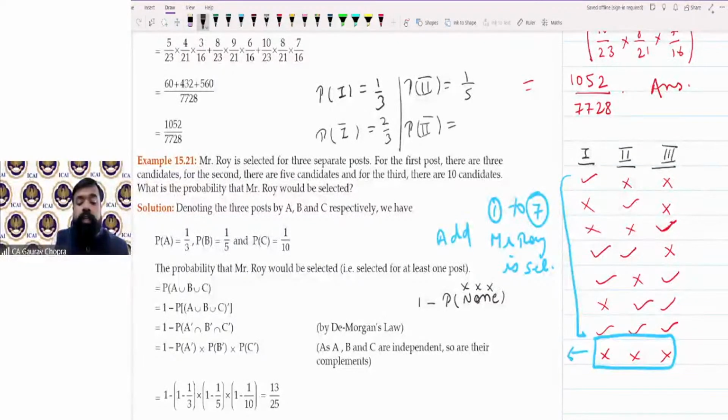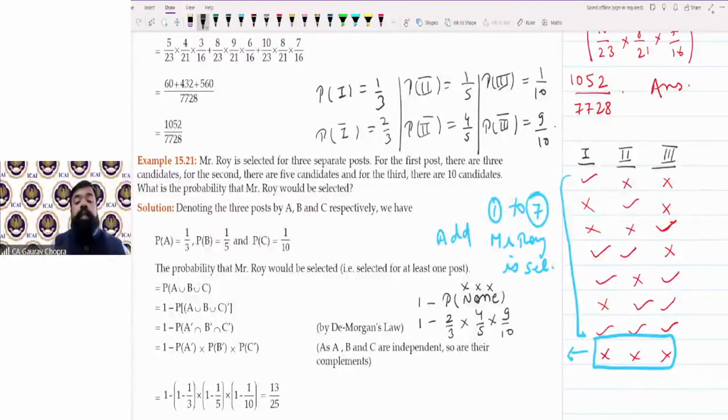And for not selecting, it will be 4 by 5. Third one. In third position, there are 10 candidates. So we will write 1 by 10 and not selecting, 9 by 10. Therefore, 1 minus 2 by 3 into 4 by 5 into 9 by 10. So now you can simplify and get the answer.